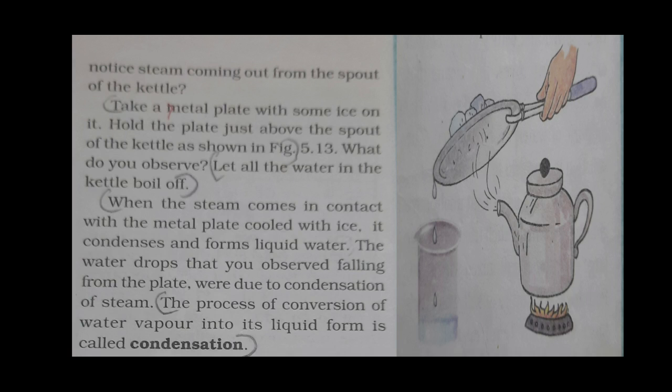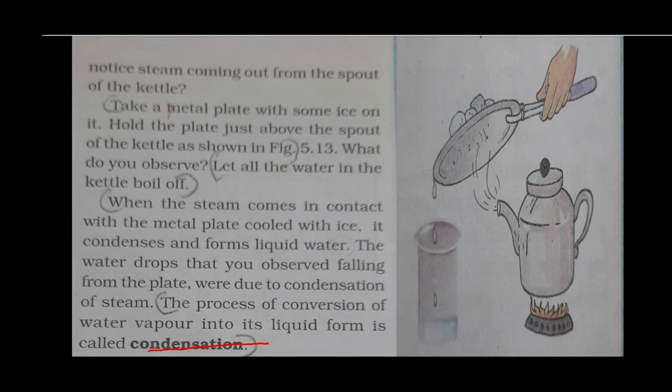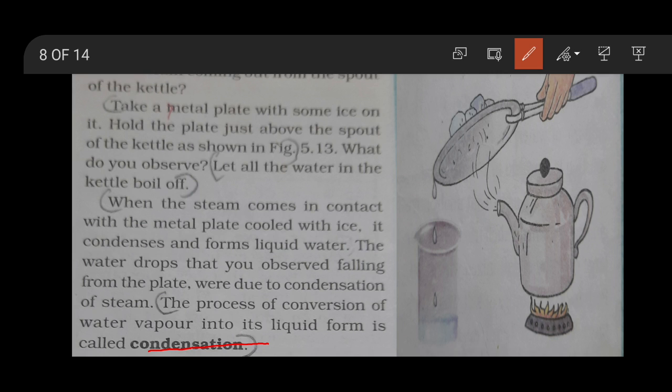The next process is condensation. Take a metal plate with some ice on it. Hold the plate just above the spout of the kettle as shown in figure 5.13.